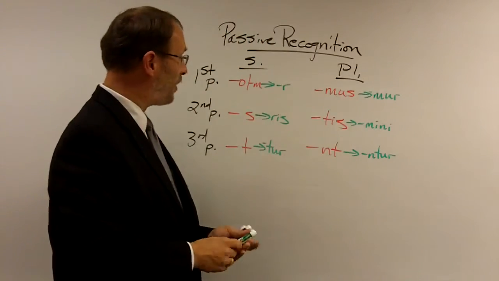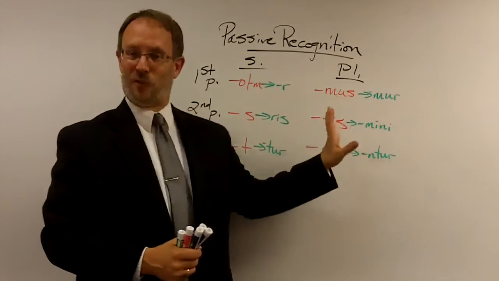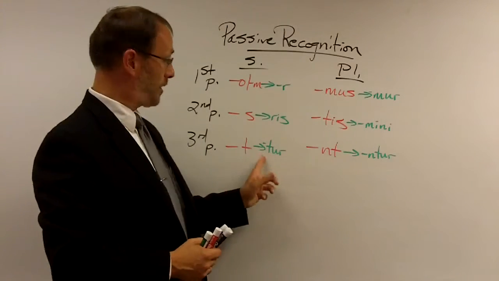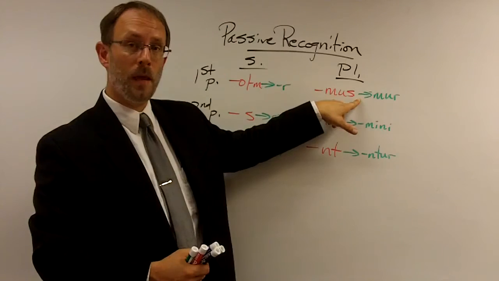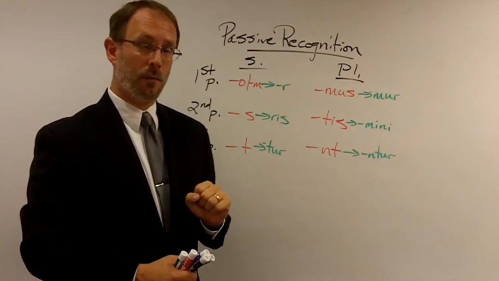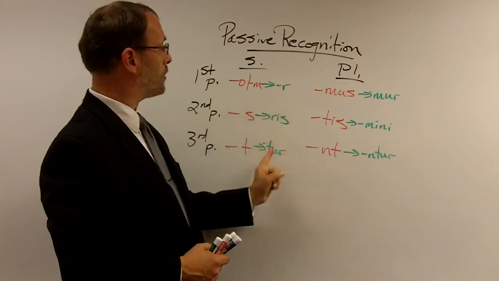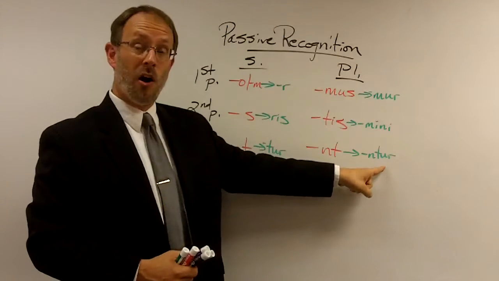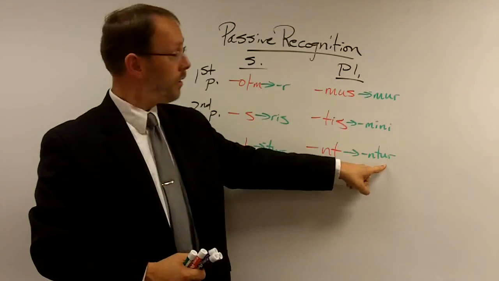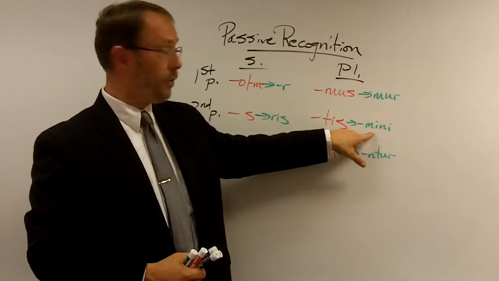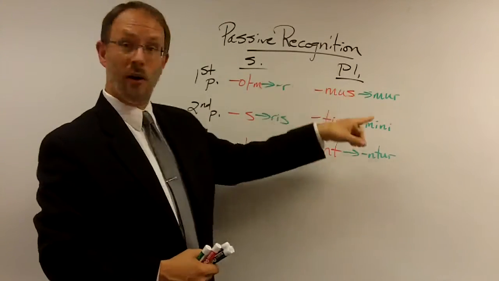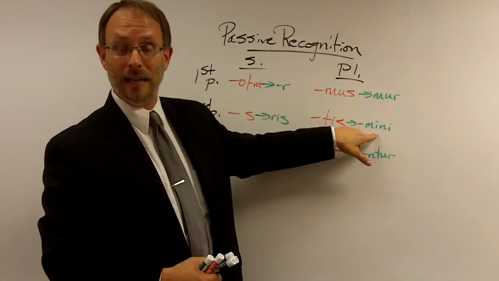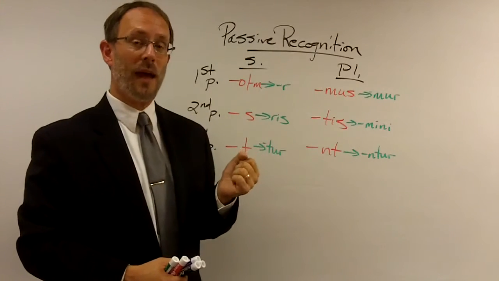So what you'll notice is that the endings now sort of look like the active. I mean, we still have a T here. We still have an MU in first person plural. But what really sets the passive endings apart is that they almost all have the letter R in there somewhere, or it's this really crazy form called mini, M-I-N-I. So it's either got an R in it or something really strange, M-I-N-I. And that's how you recognize passive voice.